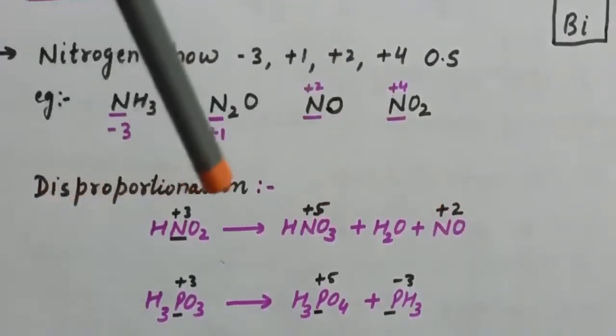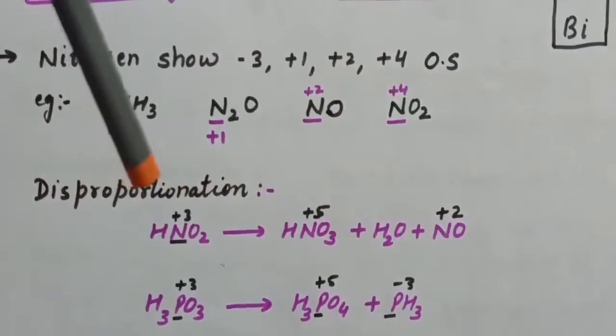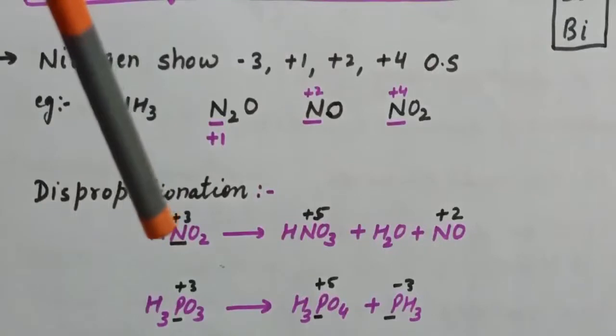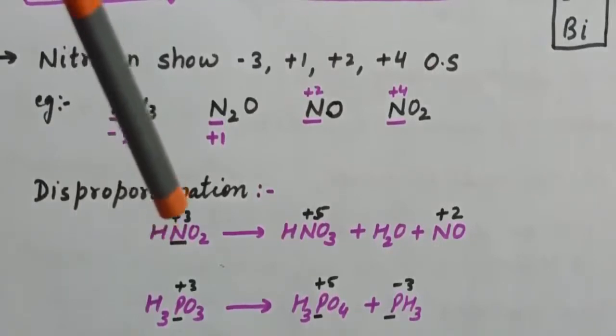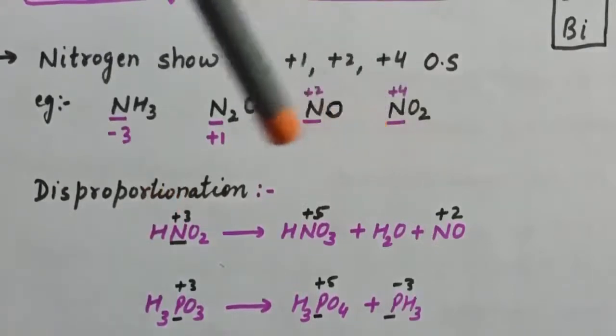A disproportionation reaction is one in which the same element undergoes both oxidation and reduction. Here, nitrogen going from +3 to +5 is oxidation and +3 to +2 is reduction.